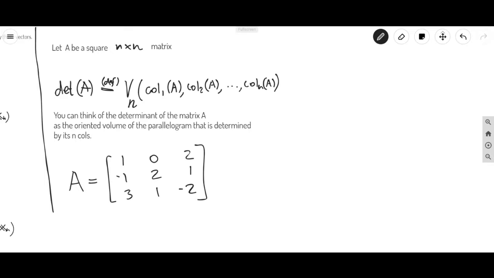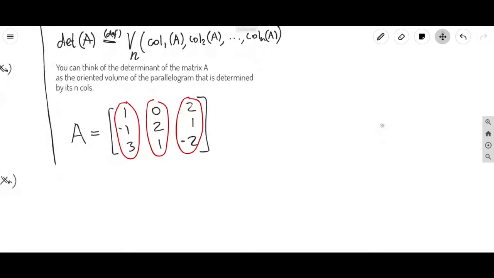Well, the way we do it is you look at the 3 columns over here. These 3 columns, they're vectors. You can think of these as vectors in R3.